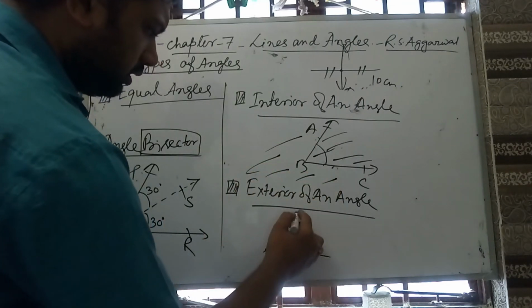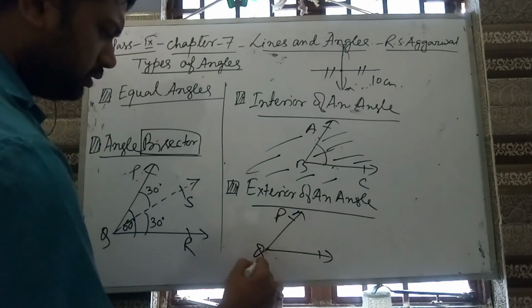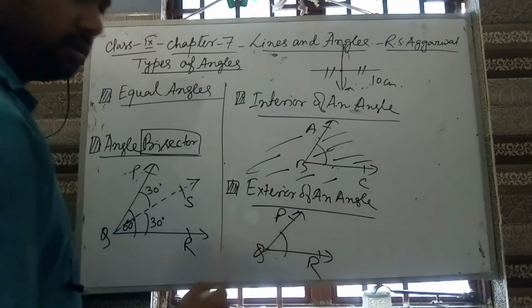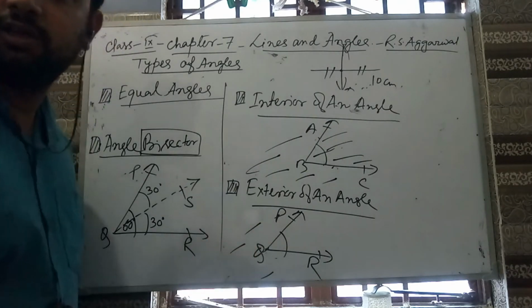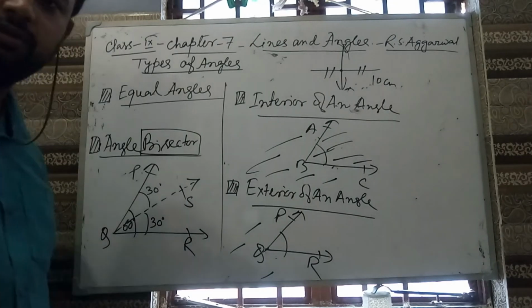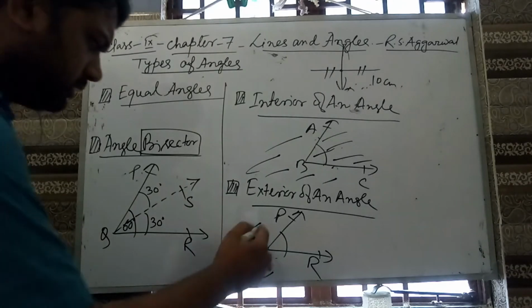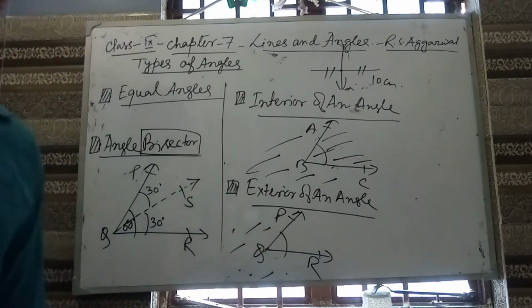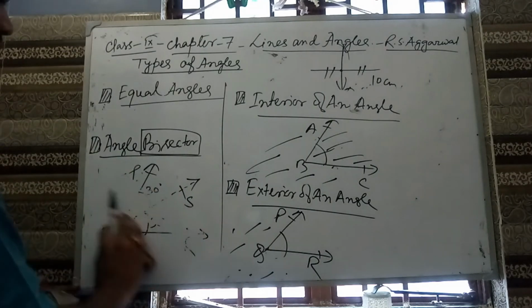So if we consider another angle PQR, then this is exterior. So this portion is called exterior.